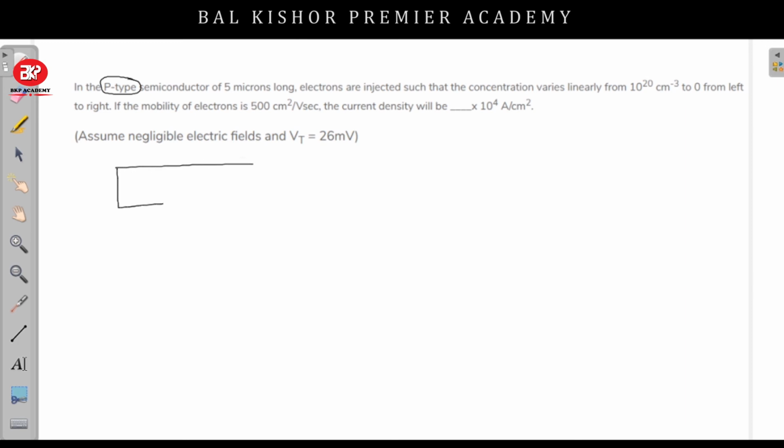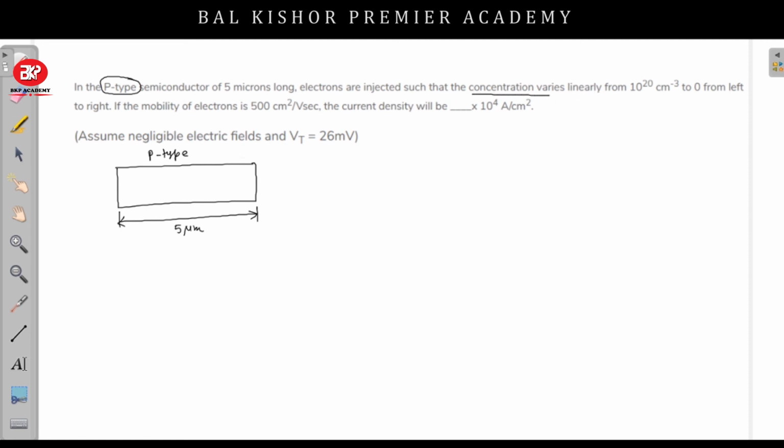So suppose this is a p-type semiconductor and this p-type semiconductor is 5 micron length. इसका length कितना है, 5 micrometer. Electrons are injected such that the concentration varies linearly.